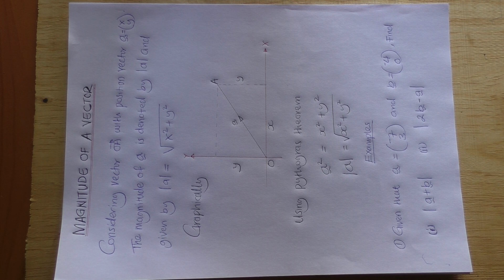Today we shall be looking at how we get the magnitude of a vector. At our introduction to vectors, we saw that the magnitude of a vector is represented by the length of the straight line.